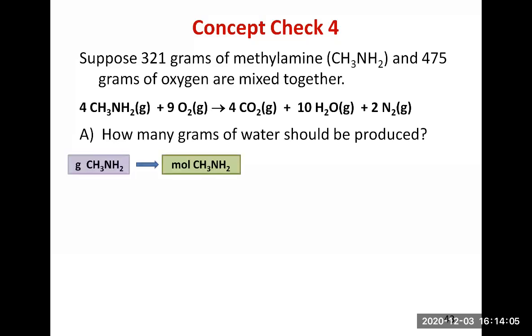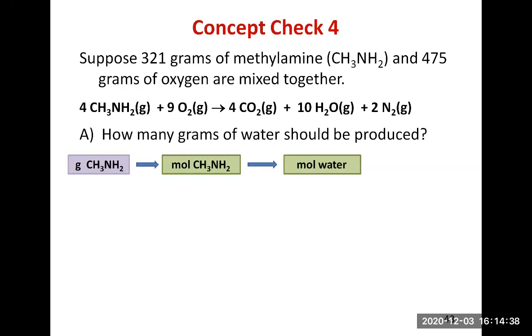So let's write the concept map. We'll start with the grams of methylamine. And as we know, we cannot change the grams of methylamine into grams of water directly. The relationship between methylamine and the water is in moles, and it's given by the coefficients of the balanced chemical equation. So that means we need to change the grams of methylamine into moles of methylamine using the molar mass of methylamine.